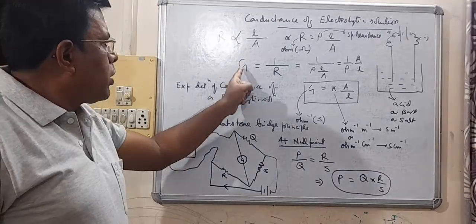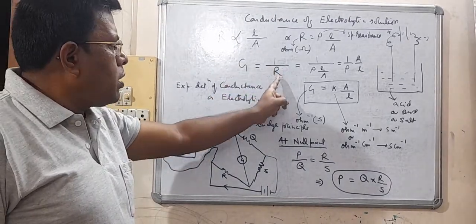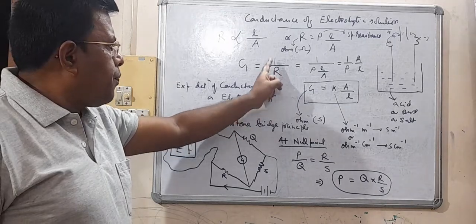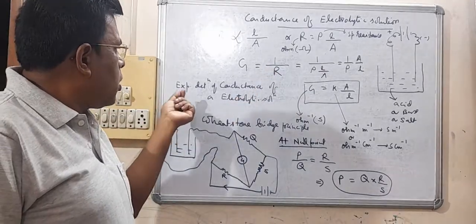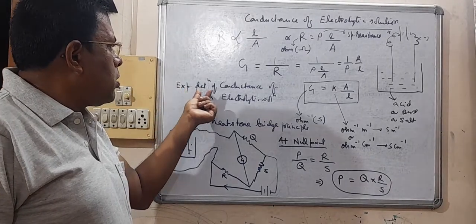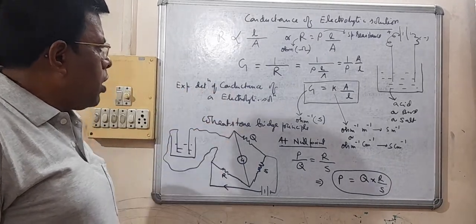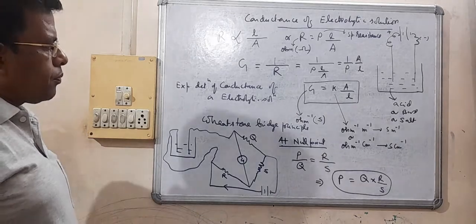So conductance we will get by taking the reciprocal. So it is in this way we experimentally determine the conductance of any electrolytic solution.